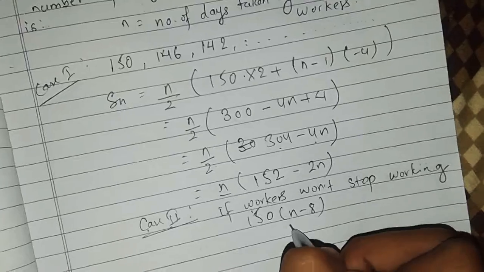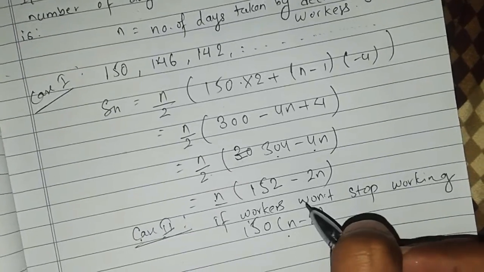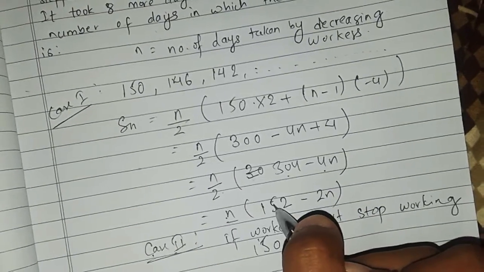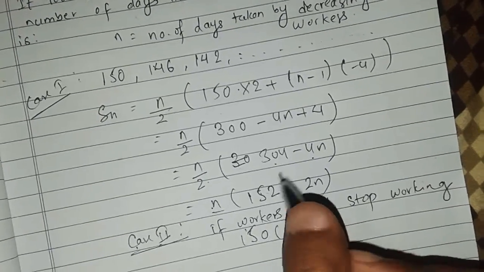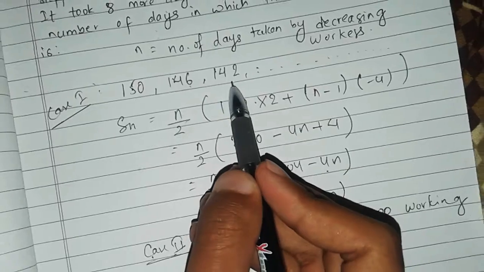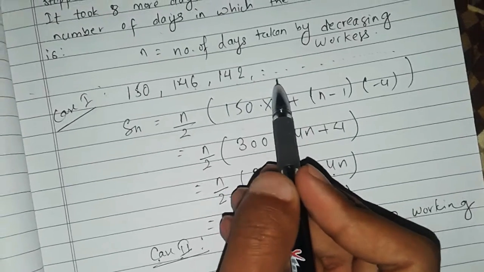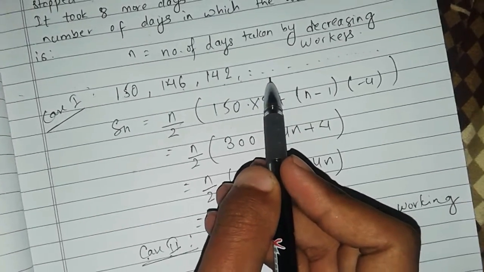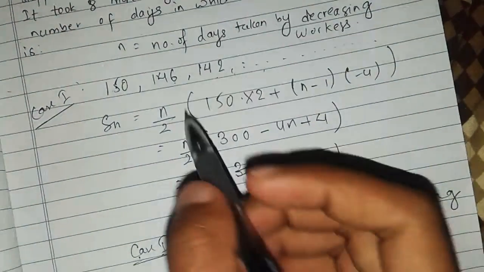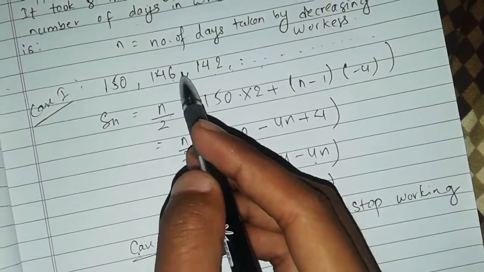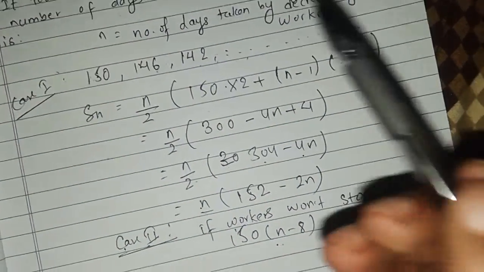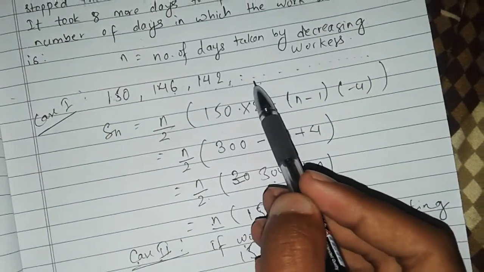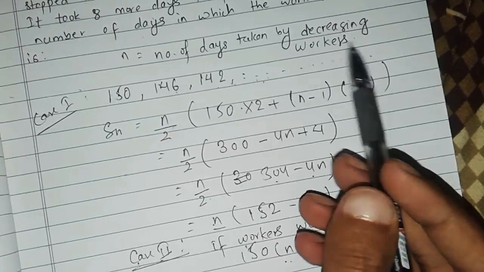They will have taken 8 fewer days compared to this. We have written n because we will find out by n how many terms there will be, at which rate they will decrease. If we have got the number of terms to be about 20, then it is sure that they will complete that work in 20 days.